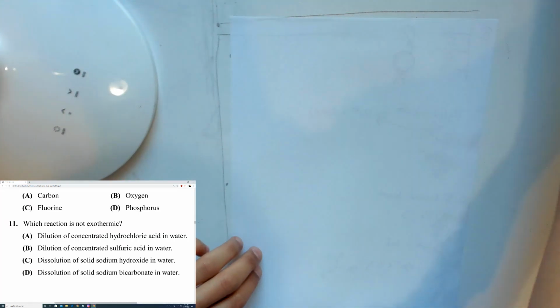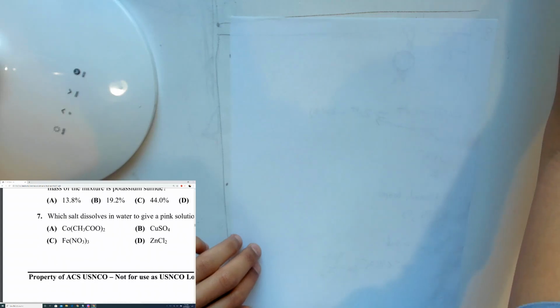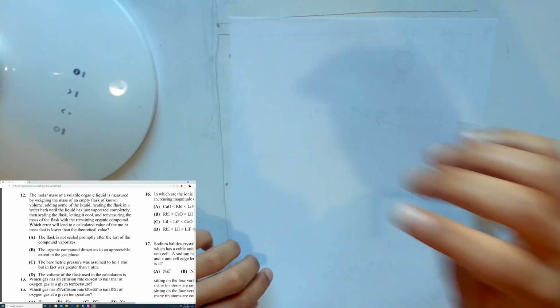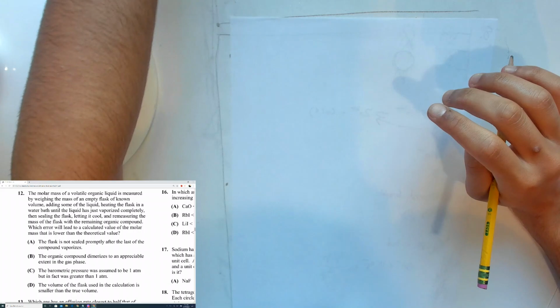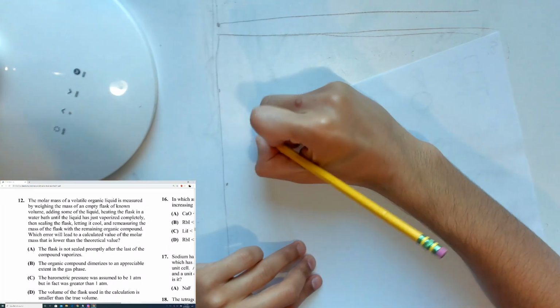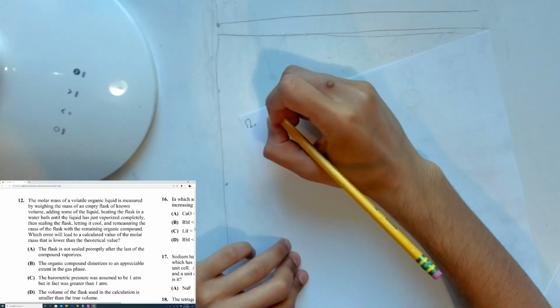Now moving on to 12. Now 12 is a pretty hard question. So there's a lot to read and a lot to analyze. So let's begin.